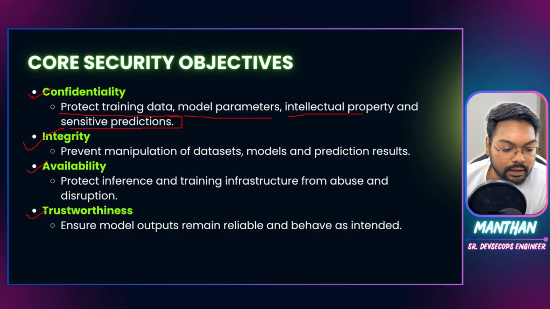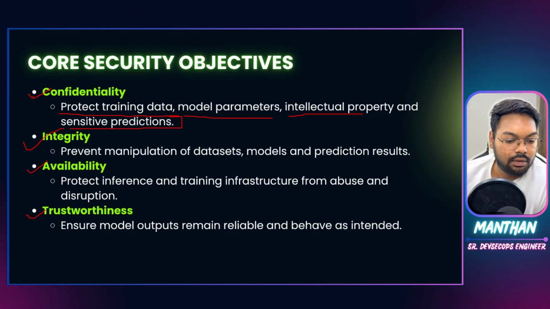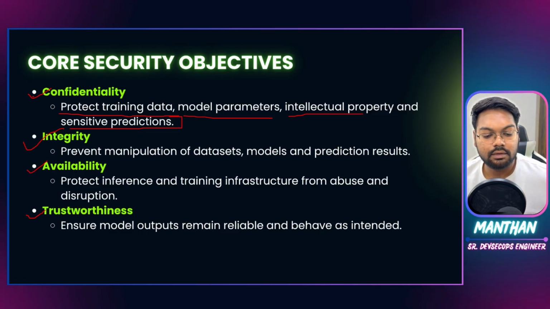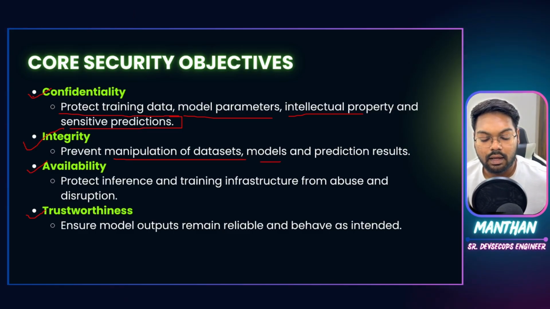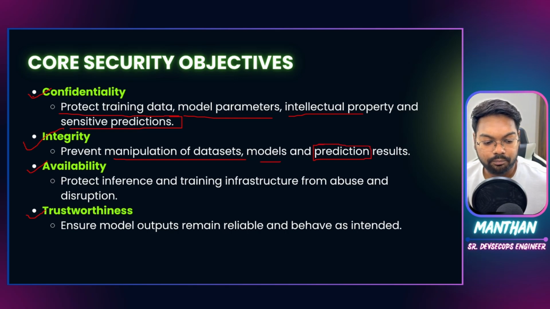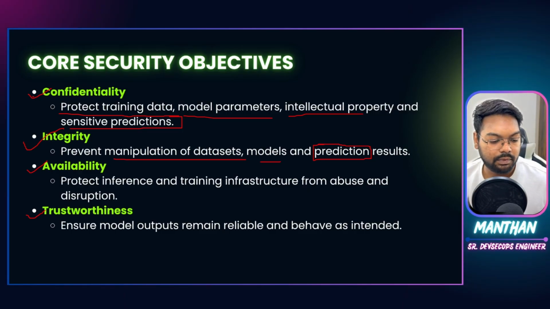Then, integrity is to prevent manipulation of data sets, models, and prediction results, so that someone could not manipulate these things, the models, and whatever the outcomes of that particular model are. So it should be the same. It should not be tampered with. It should not be misleading.